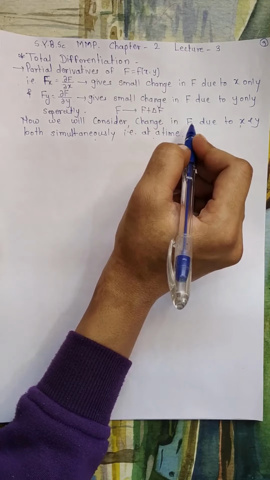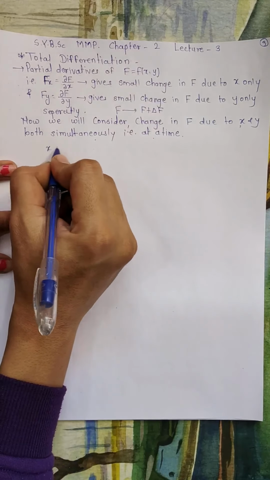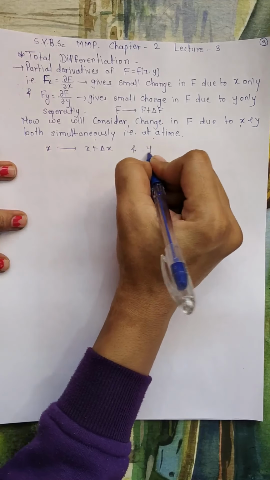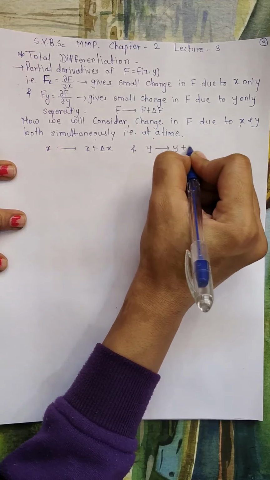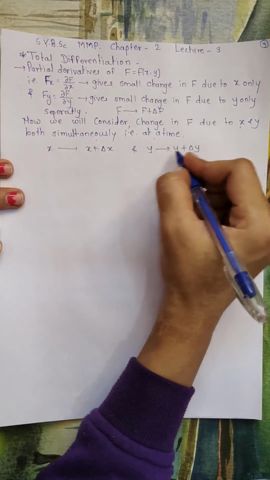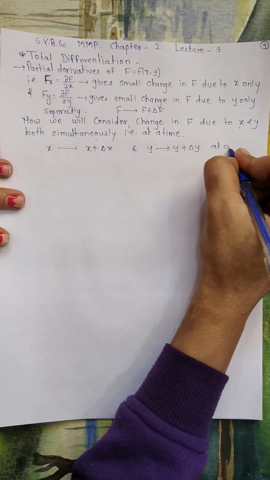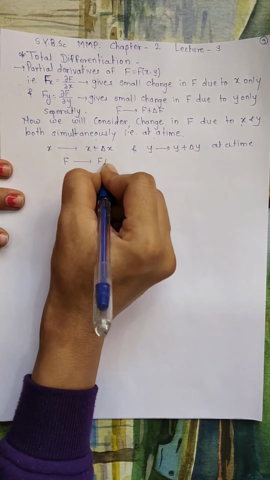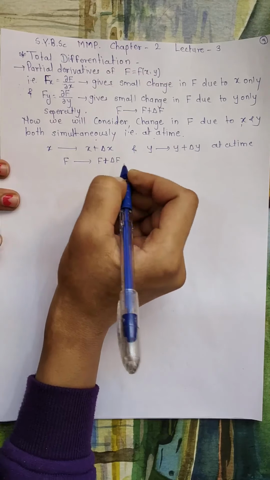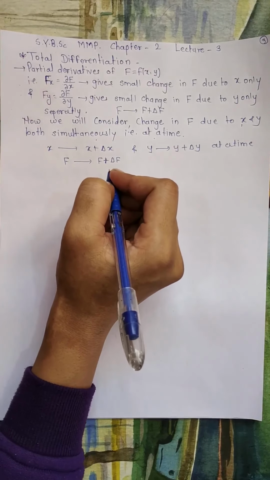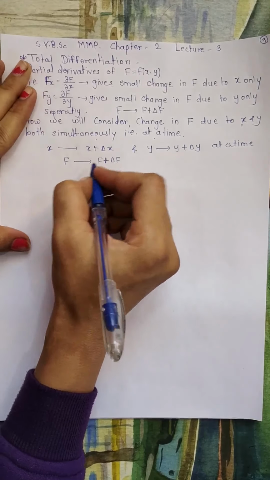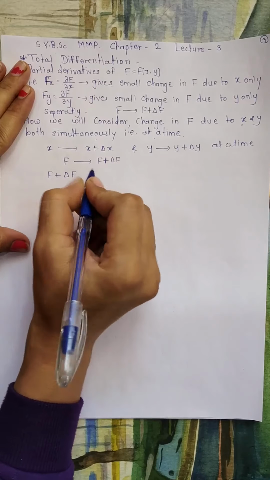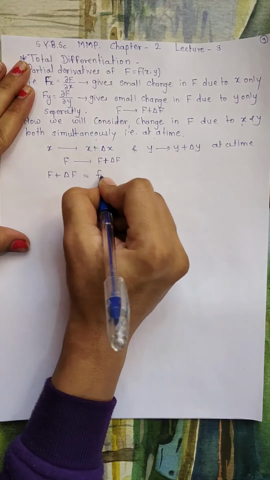So if x changes from x to x plus delta x, and y changes from y to y plus delta y, then due to this at a time there is a change in the function f from f to f plus delta f, and we can give this as f plus delta f is equal to this function.